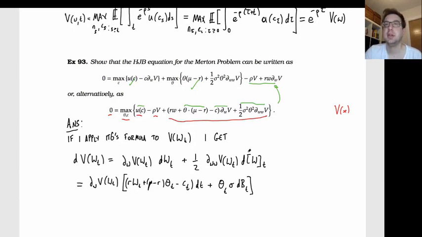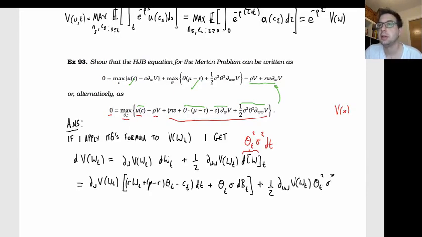This is going to be theta(t) squared sigma squared dt. So we're going to get plus a half, the second partial derivative with respect to W, times theta(t) squared sigma squared dt.